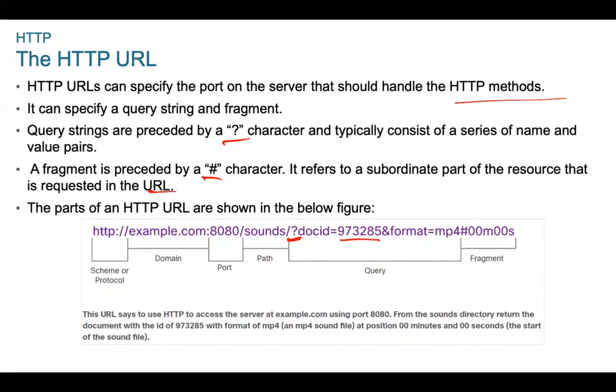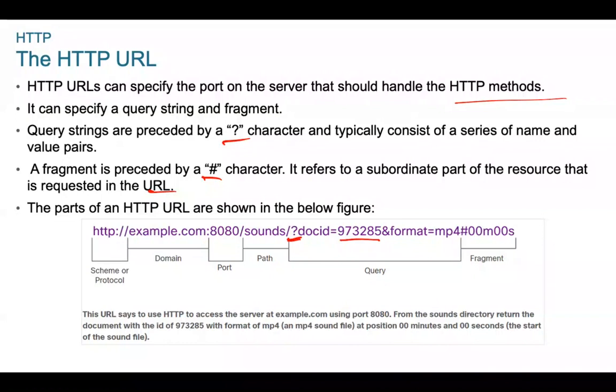For example, a fragment could refer to a named anchor in the HTML document. Suppose the URL will access the document and then move to the part of the document specified by the fragment, if a matching named anchor link exists in that document.